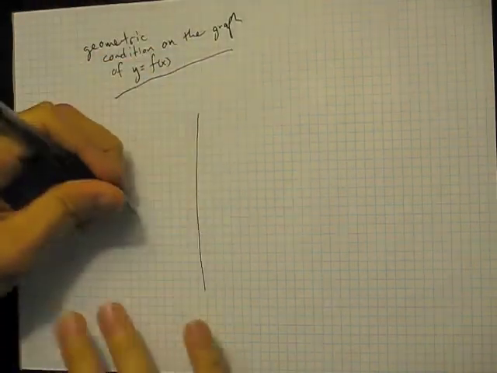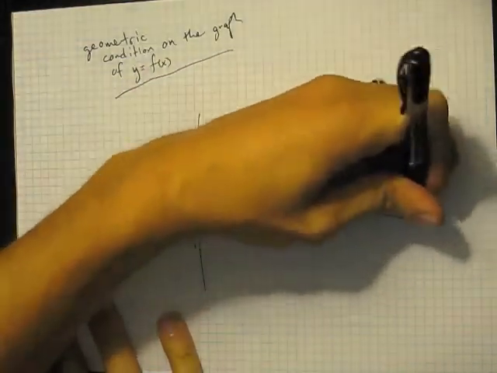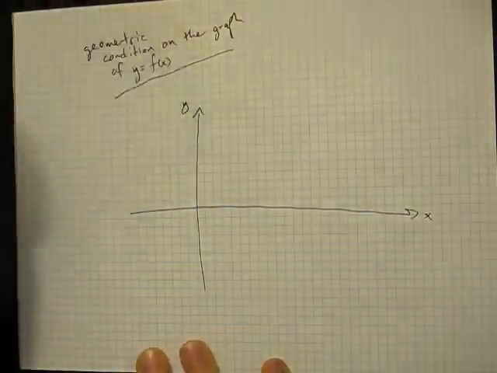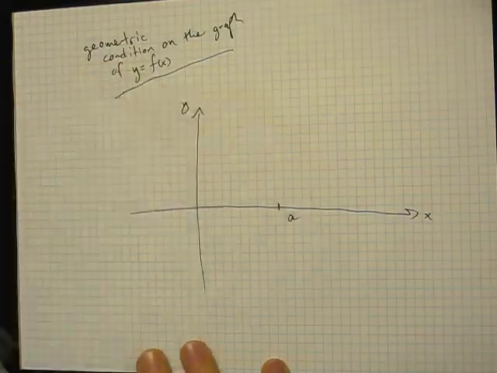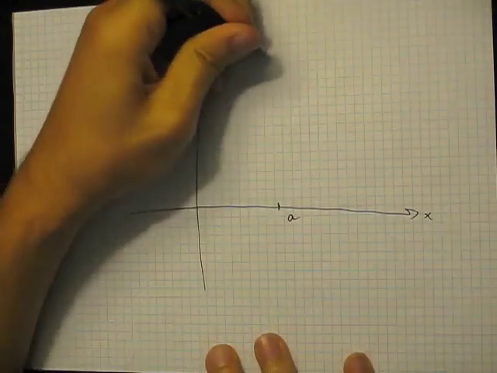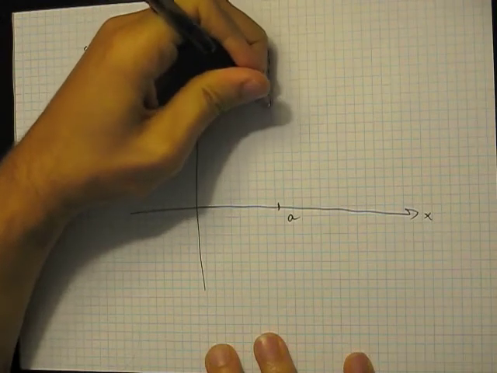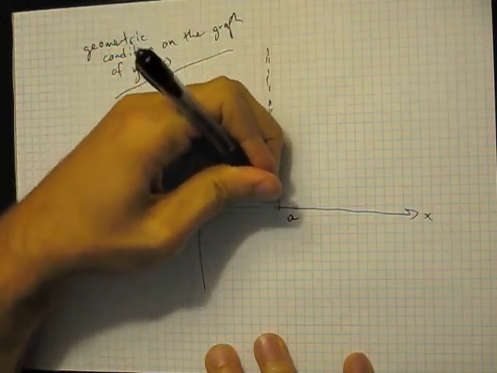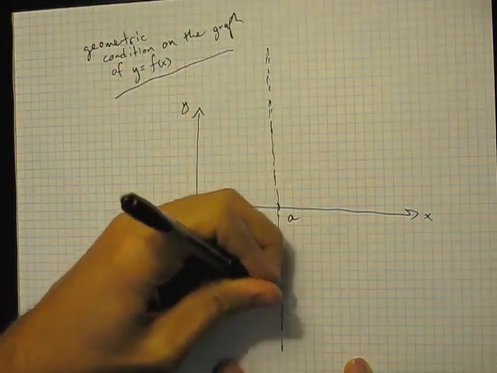So I'm just going to draw a pair of axes here, and I'm going to indicate the number a, and I just want to block out this coordinate.